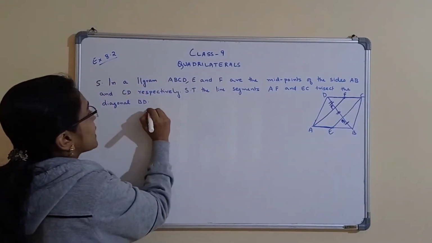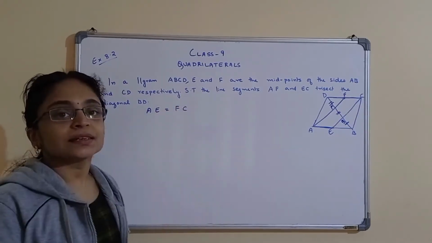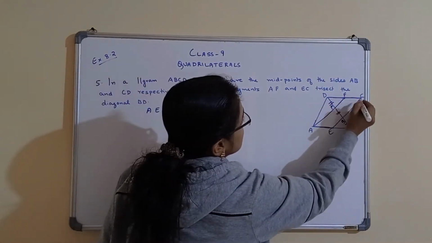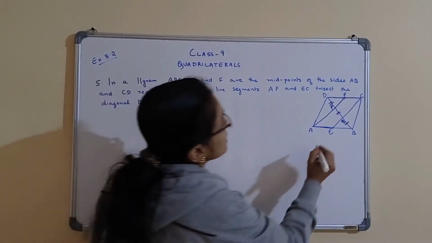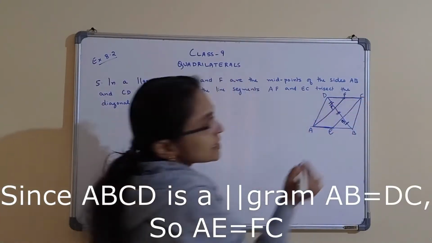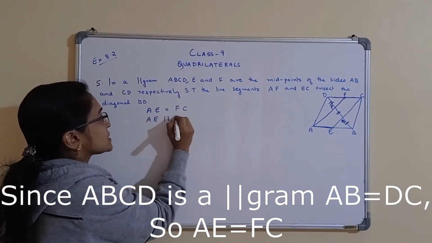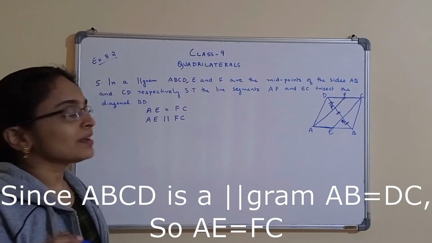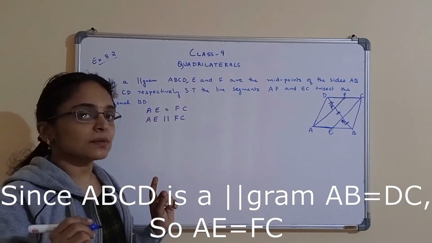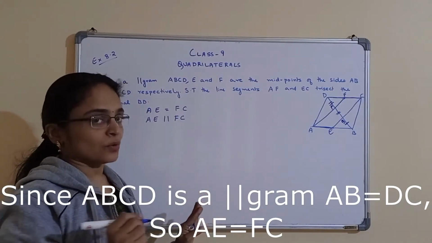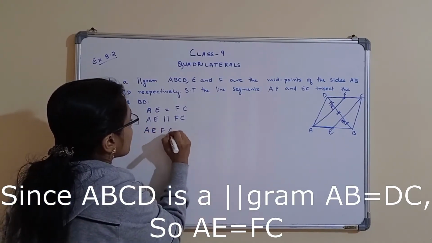So, we can say that AE is equal to FC and we know that CD and AB are parallel, which means AE and FC are also parallel. So, AE is parallel to FC. What does that mean? AE is equal to FC and AE is parallel to FC means this is a parallelogram. So, AECF is a parallelogram.